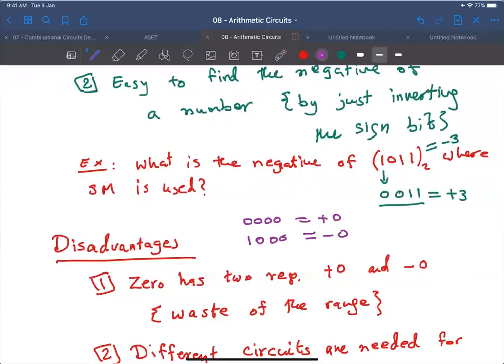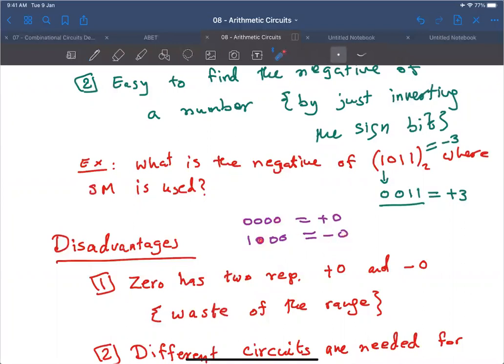Yes. So this is bad, terrible and bad. Because why? Because you are wasting the range by duplicating the representation of the same number. We have plus 0 and negative 0.